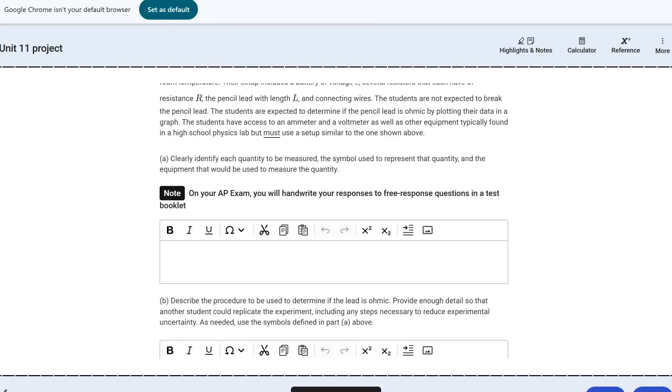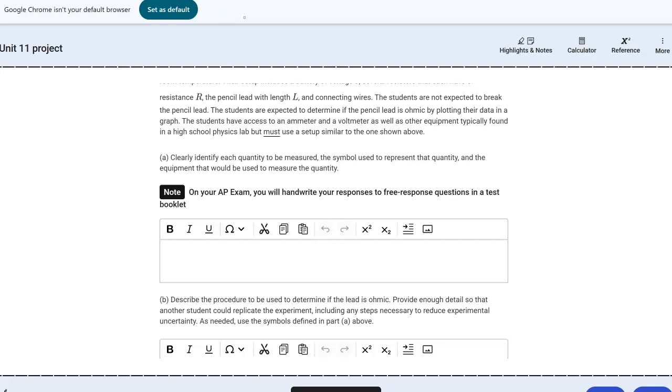For the quantity to be measured, I'd say the potential difference across the lead. That would be the symbol V, and I'd measure it with a voltmeter.